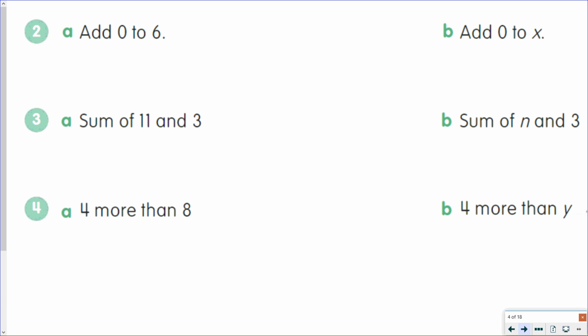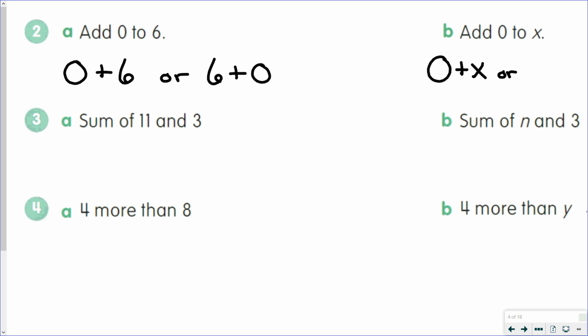So if we want to add 0 to 6, we have 0 plus 6 or 6 plus 0, either one's fine. If we add 0 to x, 0 plus x or x plus 0. The sum of 11 and 3, so that'd be 11 plus 3, or 3 plus 11.